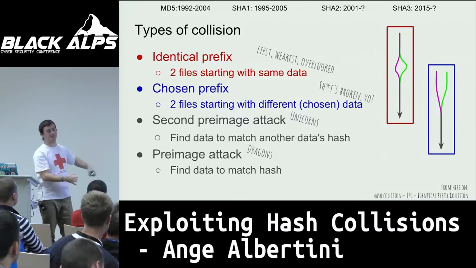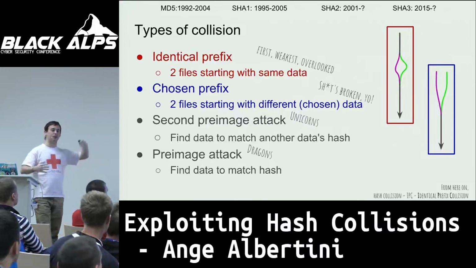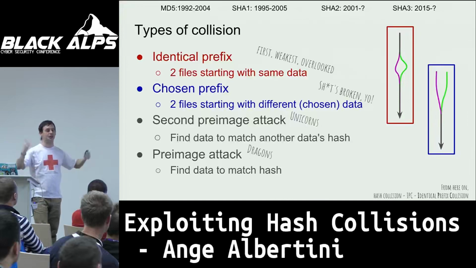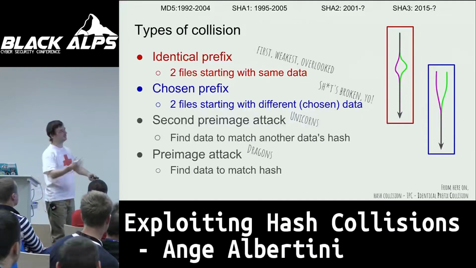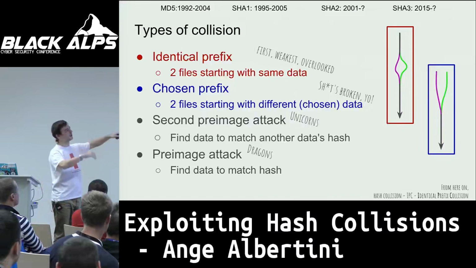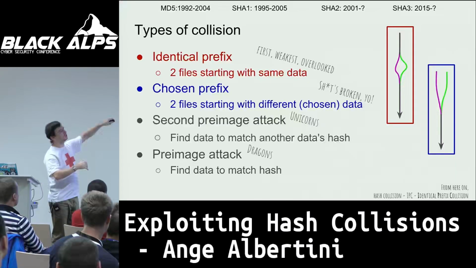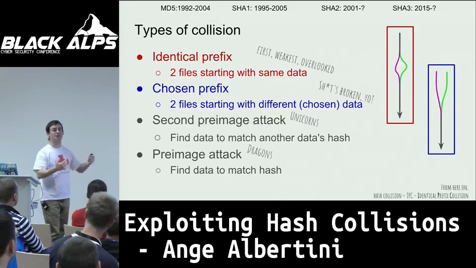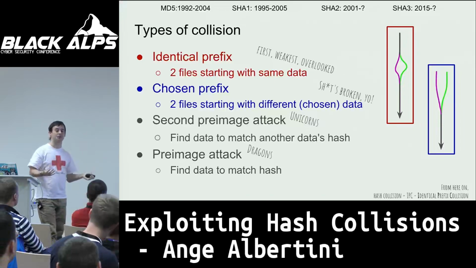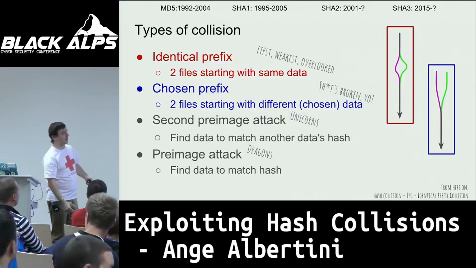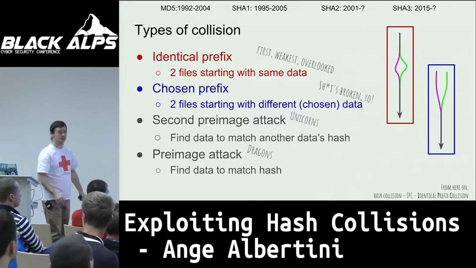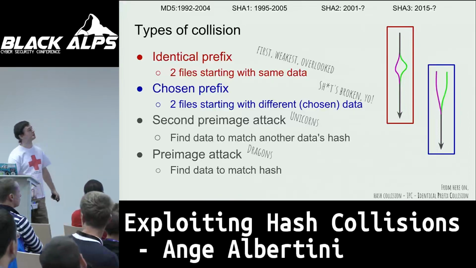And chosen prefix is the one where you can craft a bad certificate and a good certificate, and at this point the hash is really considered broken in practice. But my goal is, because identical prefix is usually overlooked, to make it have more impact, and maybe explore the possibilities that it's actually not that weak as an attack. I will also refer to hash collisions as IPC, because of identical prefix collision, in the rest of the talk.